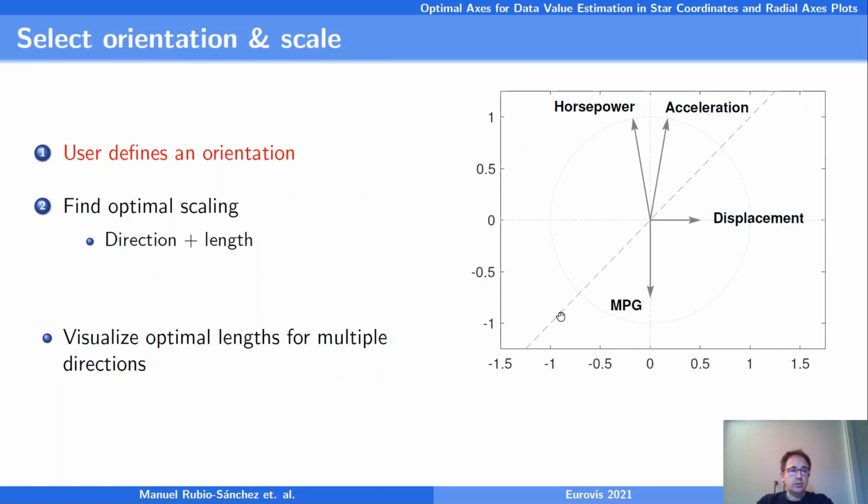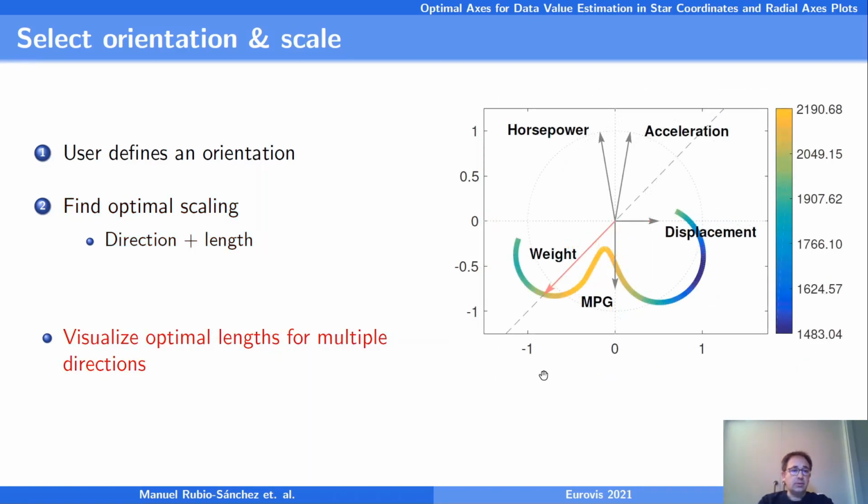So in the first approach, the user is going to define an orientation, and subsequently the method is going to find an optimal direction and an optimal length for the vector. In this case, we're adding a new variable into the visualization. Naturally, the user could select multiple orientations.